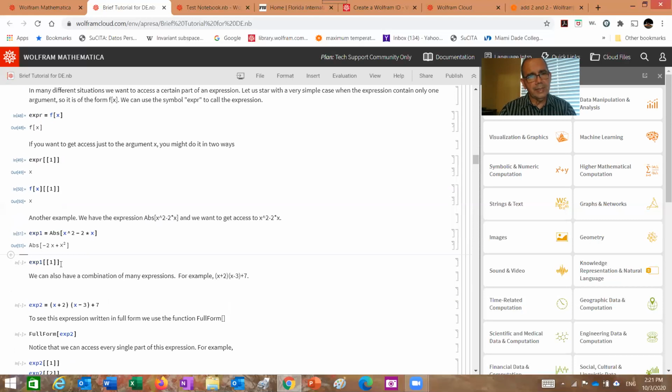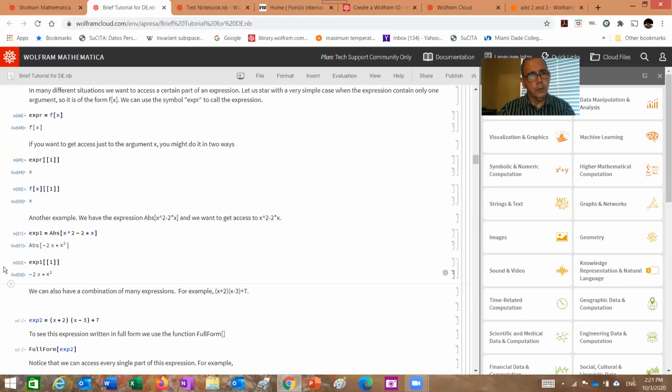Now, if you want to get the expression which is inside, you can do it by using exp1 double bracket 1 double bracket. And then this is going to return what? Just the expression. It means it's going to eliminate the head and take the expression inside.